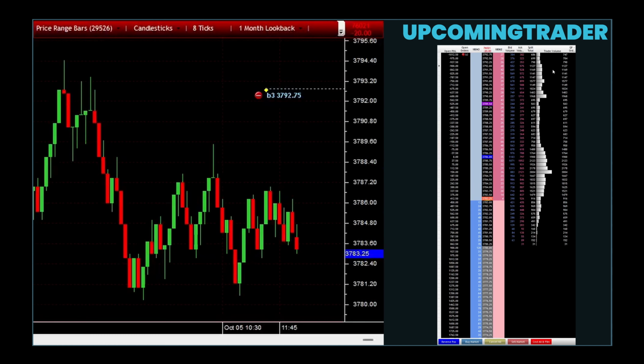Conversely, if the price movement is hesitant or reverses, it raises doubts about the continuation and suggests that traders should proceed with caution.